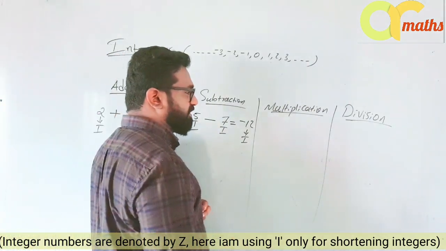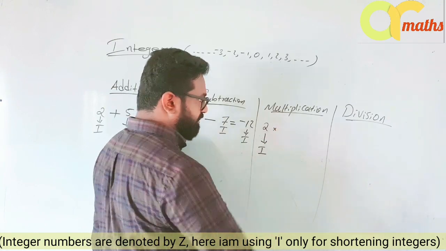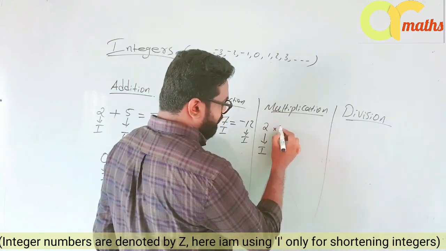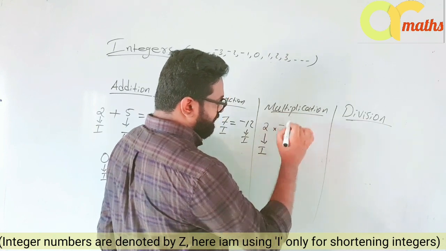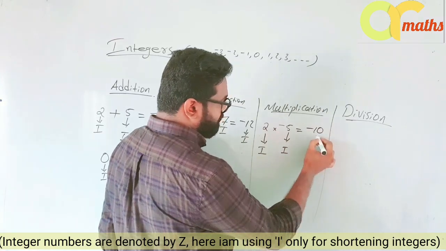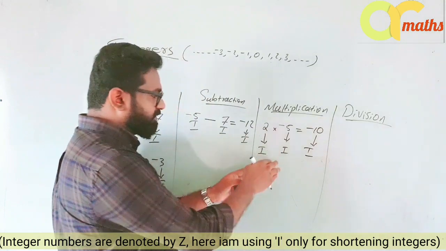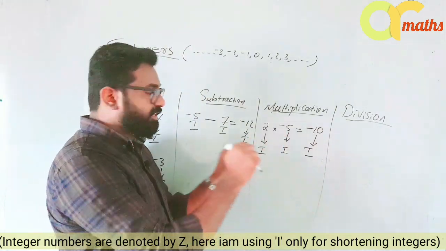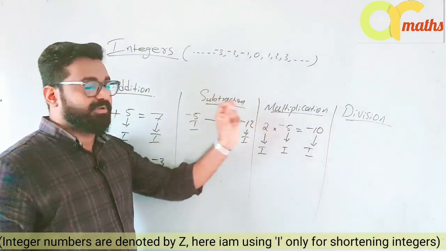Next, in the case of multiplication, take an integer 2 and another integer, you can take any number, minus 5. Then what is the answer? 2 into minus 5 is minus 10. So minus 10 is also an integer. Here the input is an integer and the output is also an integer. Therefore, integers are closed under multiplication.